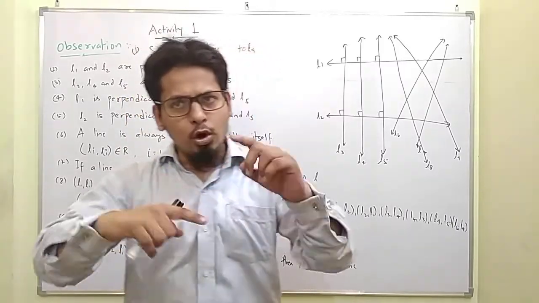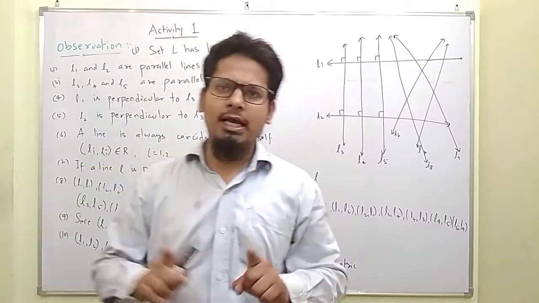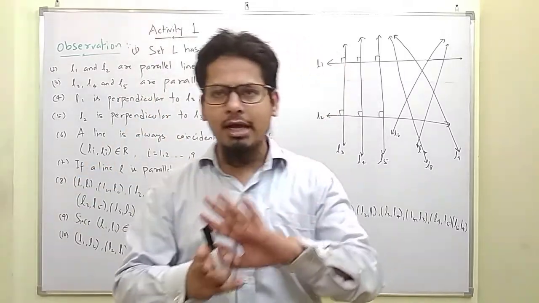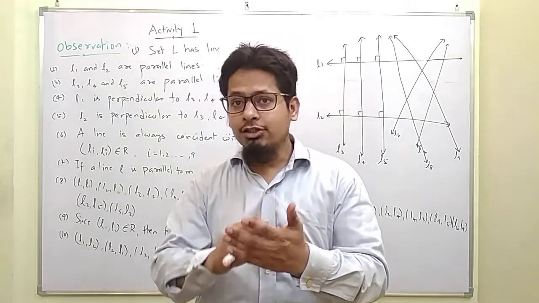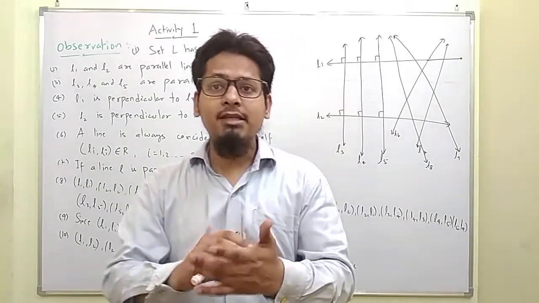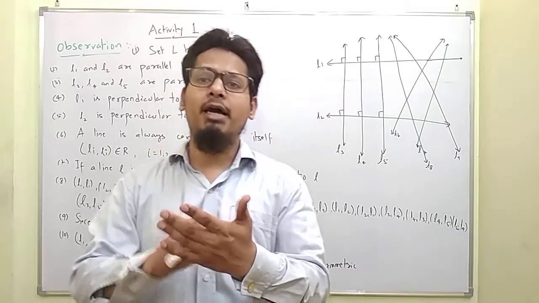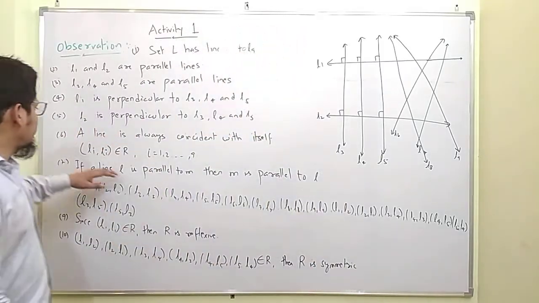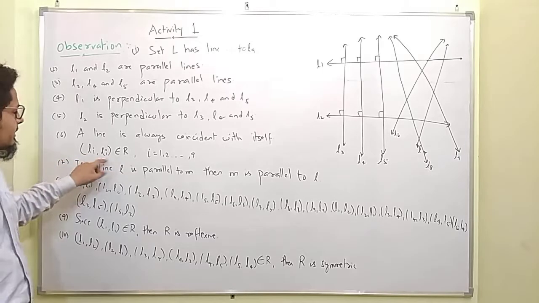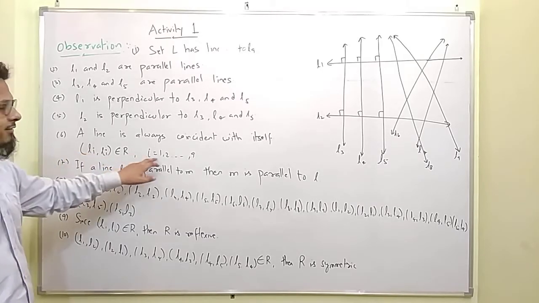So with all the lines from line 1 to 9, the reflexive property of the relation is satisfied. Clear? As I mentioned here, Li and Li means any line, where i is from 1 to 9.